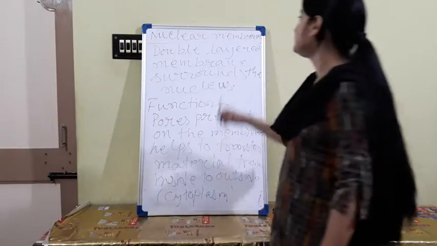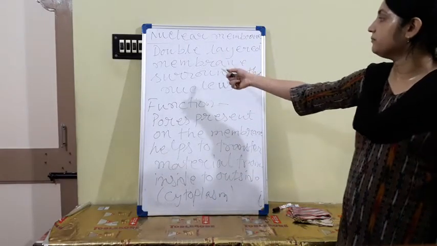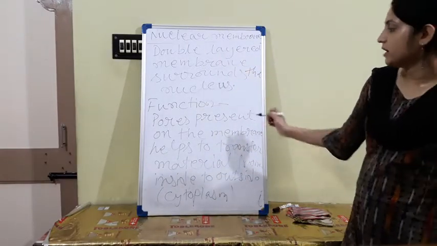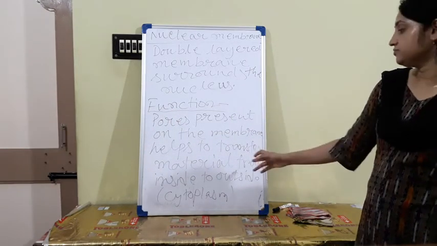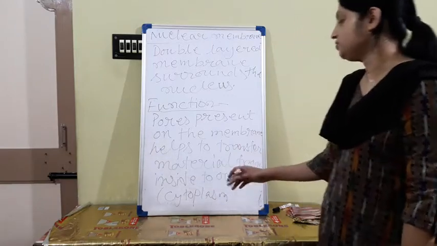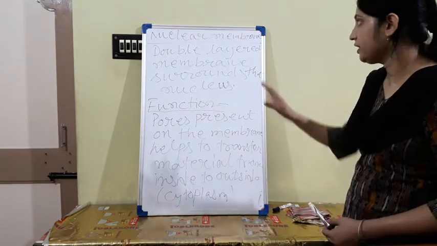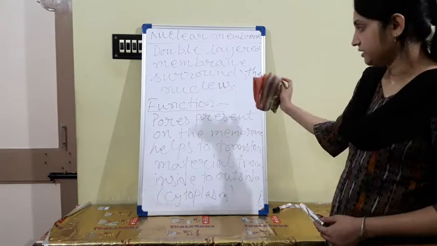Okay, that is the nuclear membrane. Double layered membrane surrounds the nucleus, and what are the functions? Pores present on the membrane help to transfer material from inside to outside. That is cytoplasm. Okay, that is called the nuclear membrane and its function.